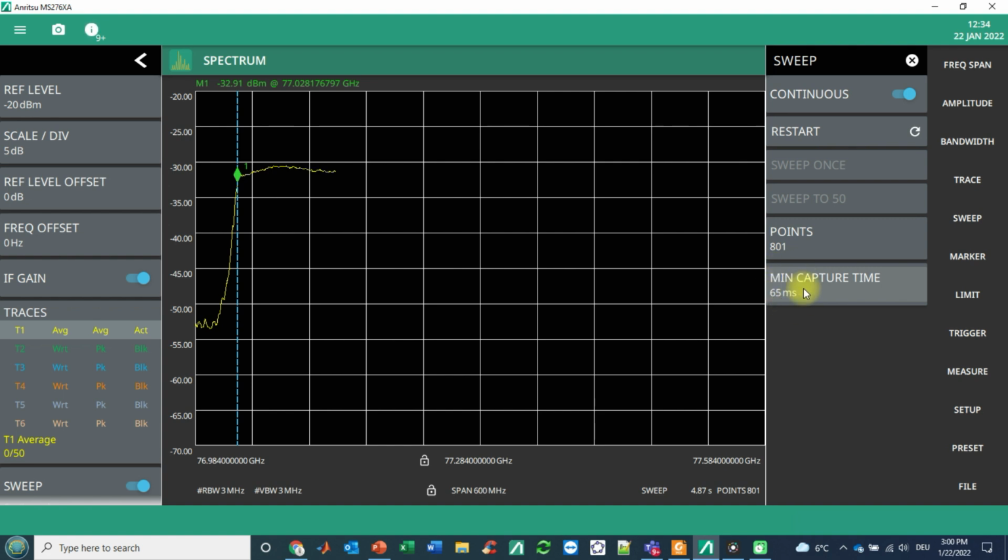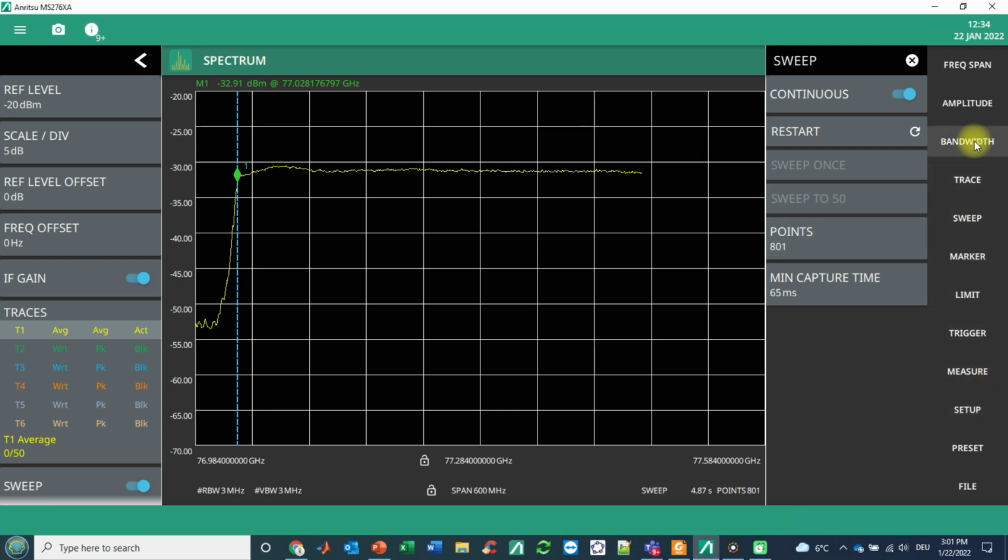Remember that the frame periodicity was 33.3 milliseconds, and this is the minimum sweep time that we need to apply so that the measurements are taken long enough in order to average out essentially all the chirps and the duty cycle of the chirping radar.